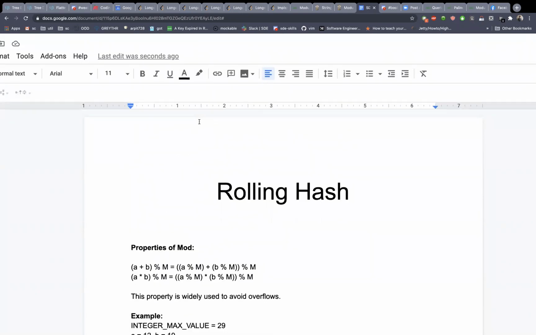Basically, in today's session, we are going to discuss the concept of rolling hash. It's a very fundamental programming paradigm, used to solve a variety of string related problems. This concept is a little mathematical in nature.